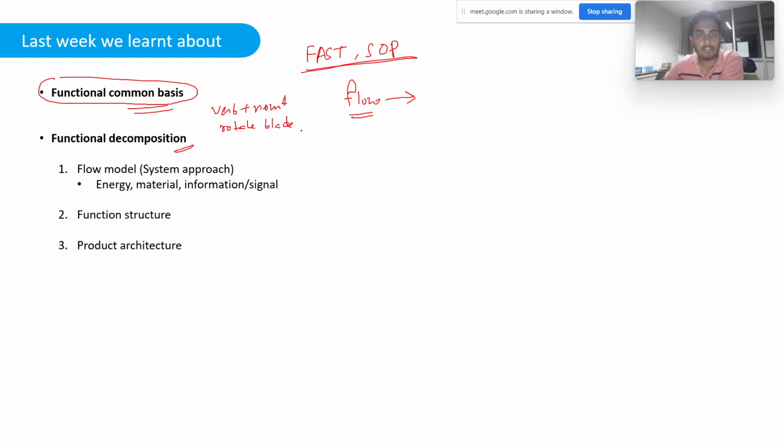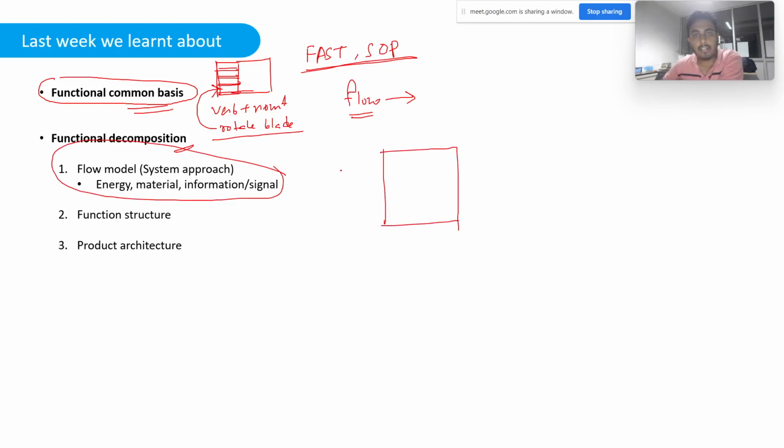There is a list of functional common basis, and if you can reduce your functions to something particular to that list, then we can realize that we have reached the end point in the functional decomposition process. We discussed the flow model, which is a robust method used for complex products.